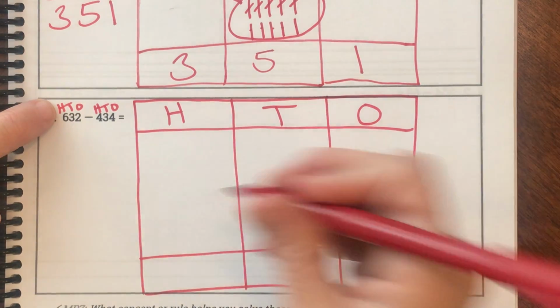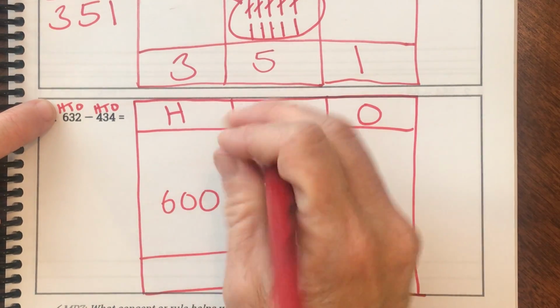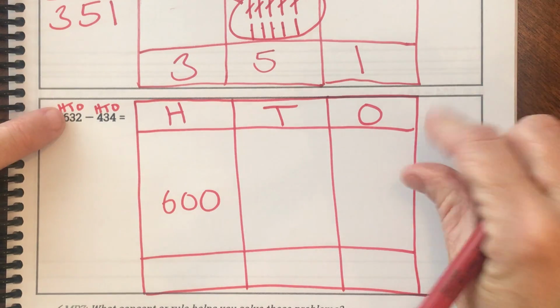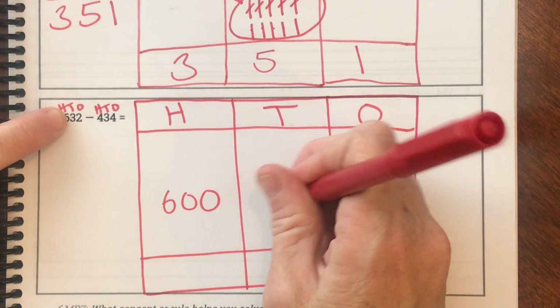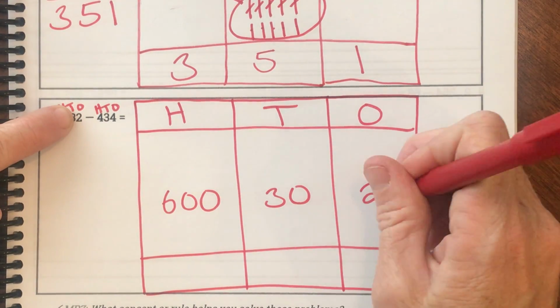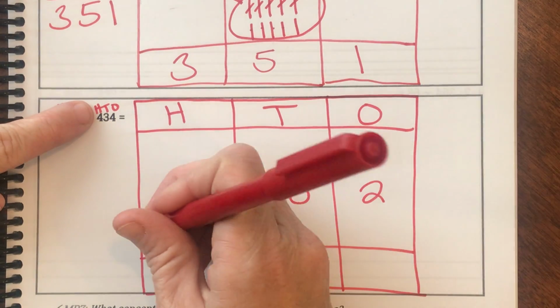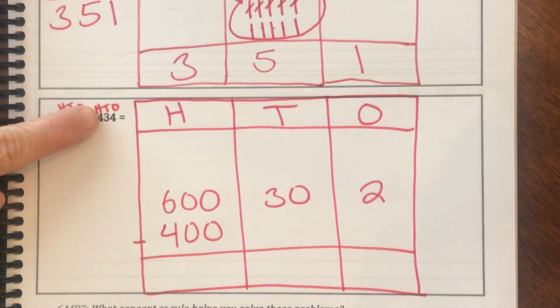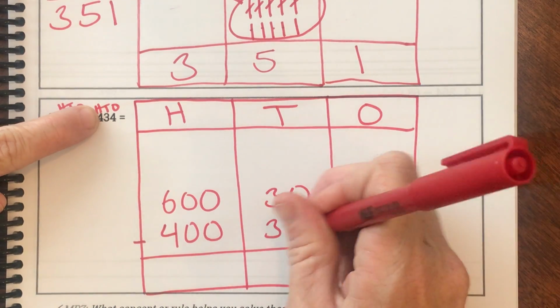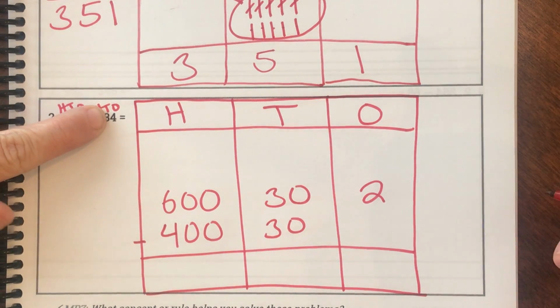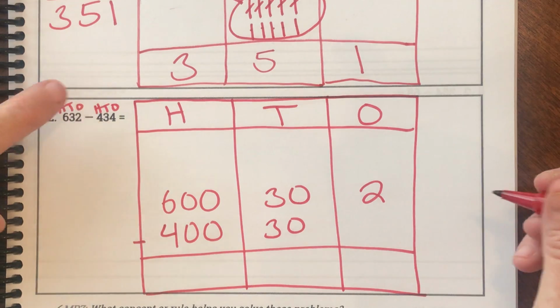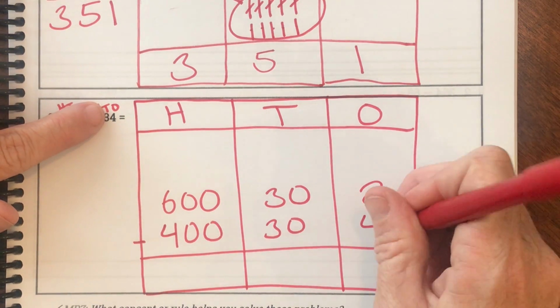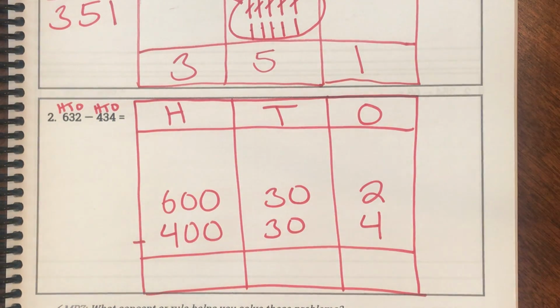So I have 6 hundreds, which is 600. Notice how I always leave space at the top. I have 3 tens, which is 30, and 2 ones, which is 2. And I'm going to take away 4 hundreds, which is 400, 3 tens, which is 30, and 4 ones, which is just 4.